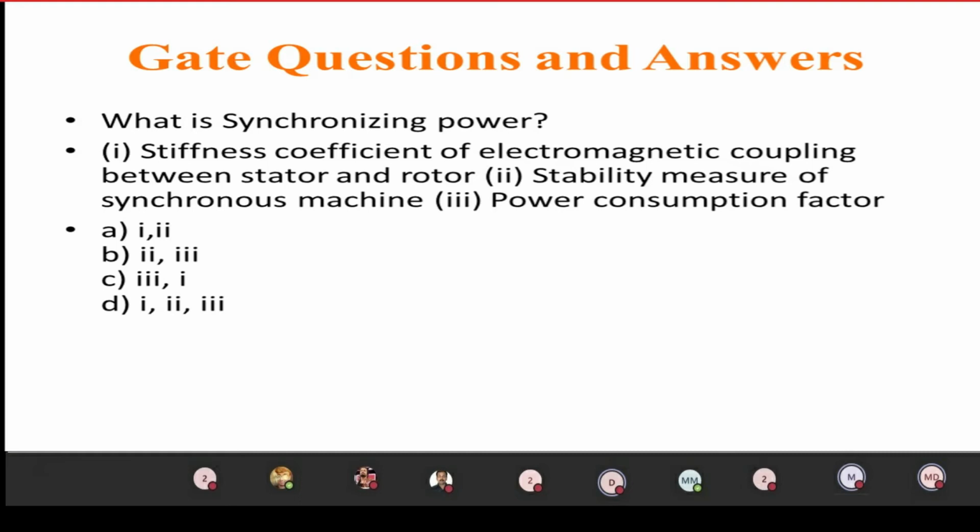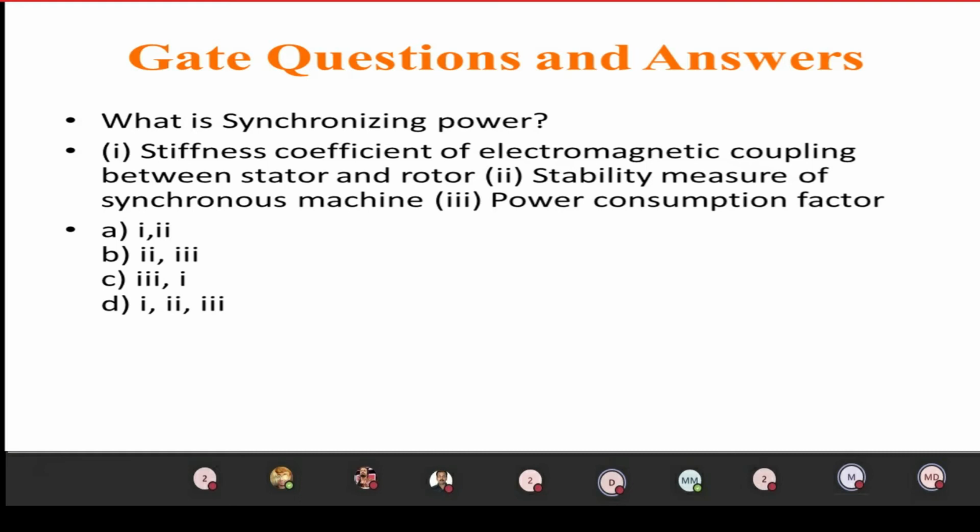Here, 1 and 2 are stiffness coefficient of electromagnetic coupling between stator and rotor, and stability measure of synchronous machine. 2 and 3 are stability measure of synchronous machine and power consumption factor. First and third are stiffness coefficient of electromagnetic coupling between stator and rotor and power consumption factor.